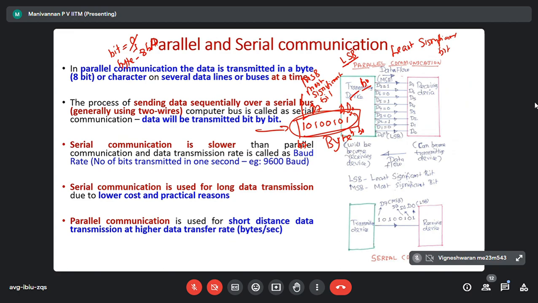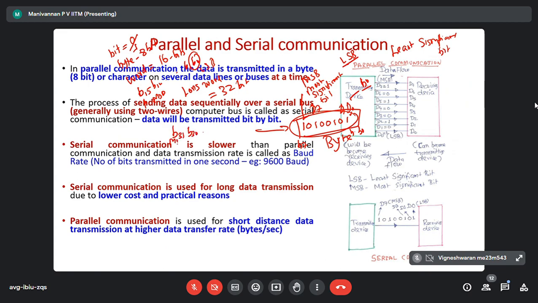The next unit is called a word. A word consists of 16 bits, B15, B14, like that, down to B0, B1. This is the LSB and this is the MSB. Next is the long word, which consists of 32 bits: B31, B30.